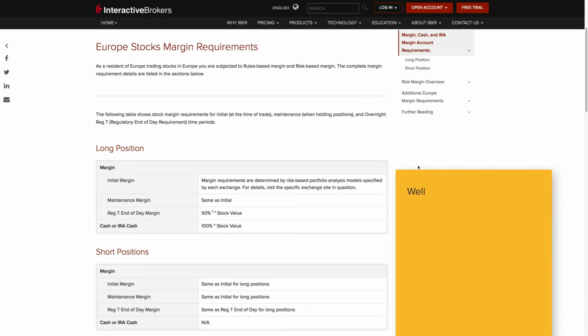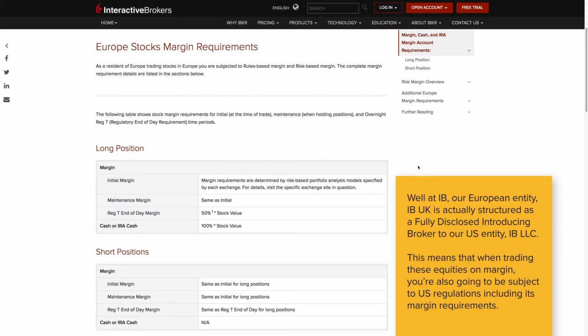Why is that? Well, at IB, our European entity, IB UK, is actually structured as a fully disclosed introducing broker to our US entity, IB LLC. This means that when trading these equities on margin, you're also going to be subject to US regulations, including its margin requirements.